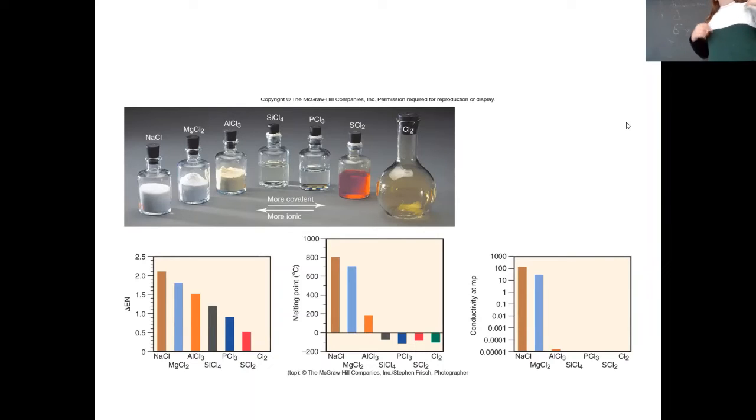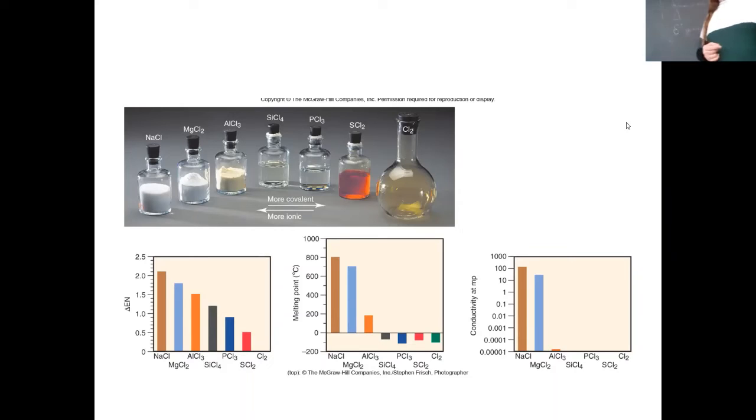So what happens when we look at some other properties that might tell us whether or not it's acting ionic or covalent? So let's take a look at the pictures. You'll notice the first 3 jars there contain solids: sodium chloride, magnesium chloride, and aluminum chloride.